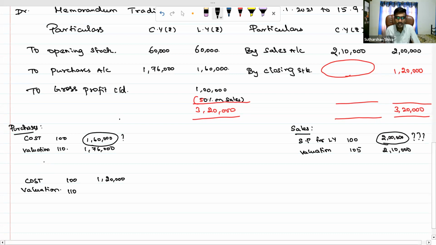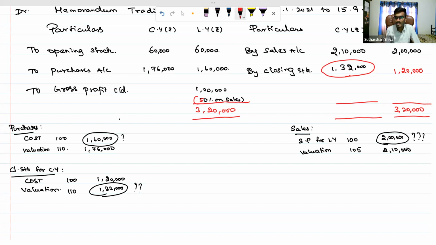What is it? 110%. This calculation is for closing stock for current year. Okay, what is the percentage? 1,32,000. So I will put 1,32,000 here. Okay, now I need to balance this. How am I going to balance this? 2,10,000 plus 1,32,000 is nothing but 3,42,000.